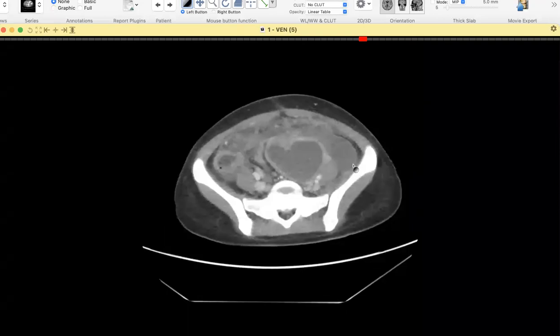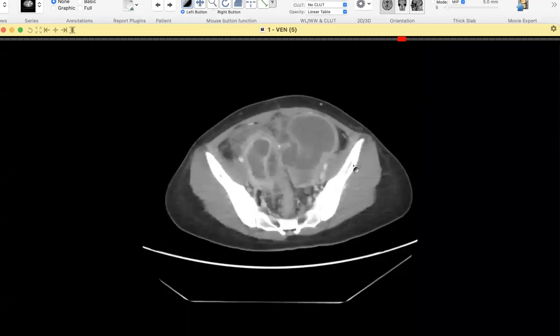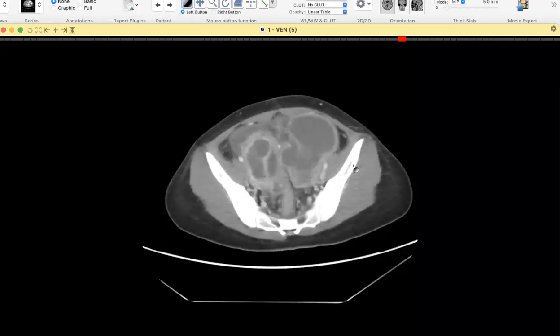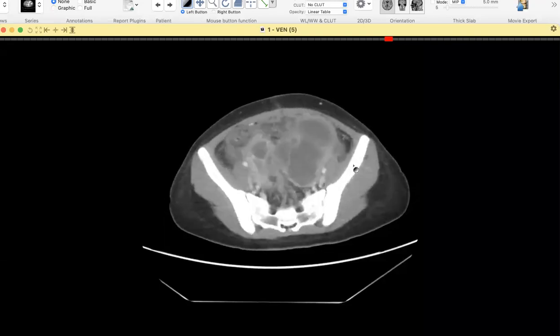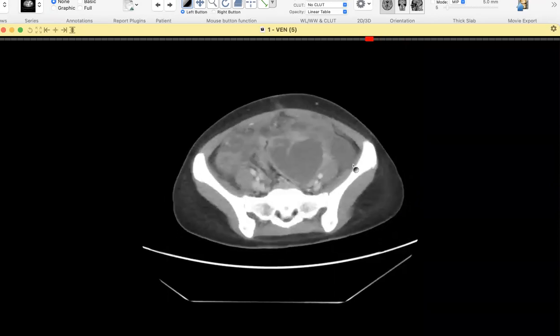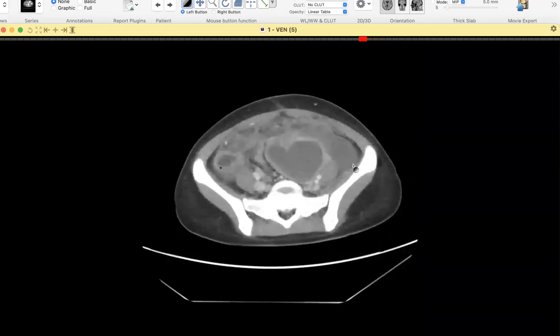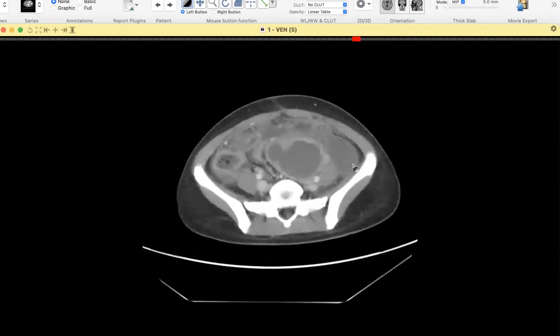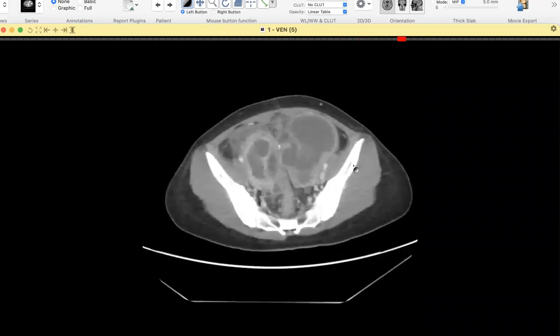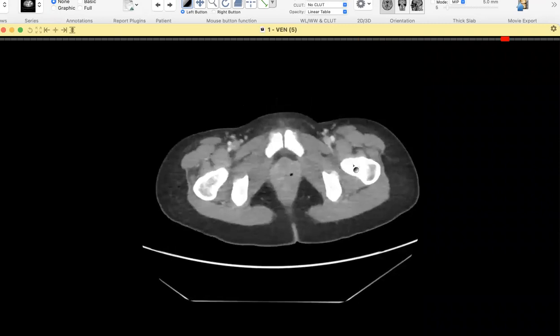There are multiple multilocular cystic lesions in the pelvis seen on both sides of the uterus, having thick enhancing walls and associated with stranding of the pelvic fat planes. I'll check for any free fluid. There is no free fluid.